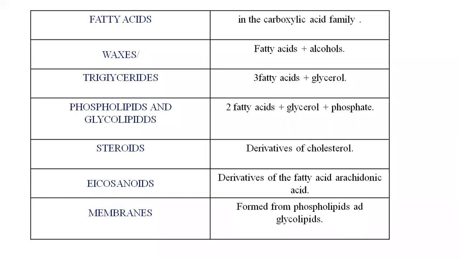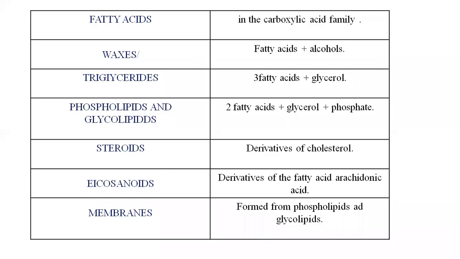Here, what is the nature of the different lipids? The fatty acids are the family of carboxylic acids, and waxes are a combination of fatty acid with alcohol. Triglycerides, which are also called fats and oils, are made up of three fatty acids and one glycerol molecule.